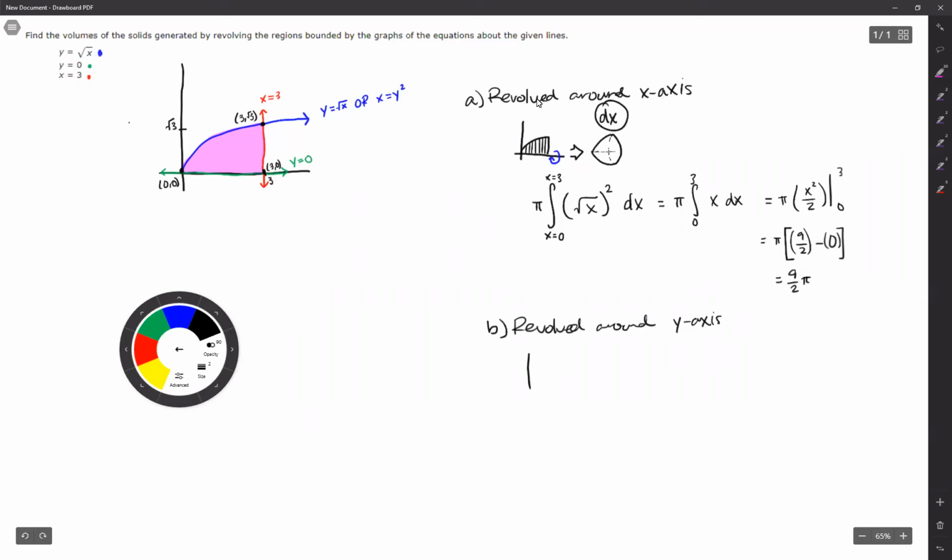Okay, so again, drawing this, what's going to happen here is this shape is going to get revolved around the y-axis, like that. And so the shape that that's going to form is this weird sort of shape.